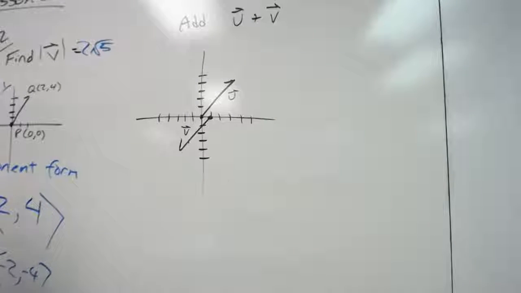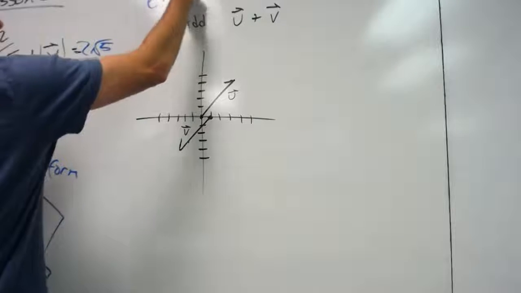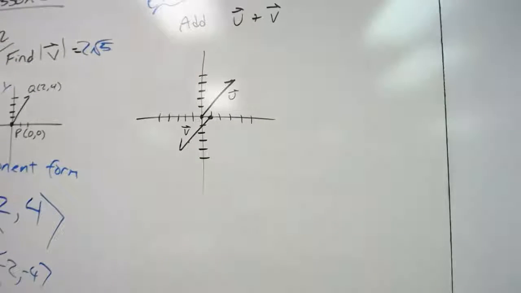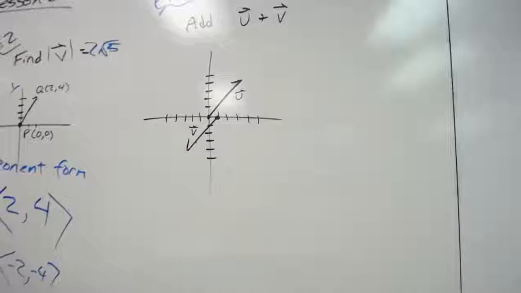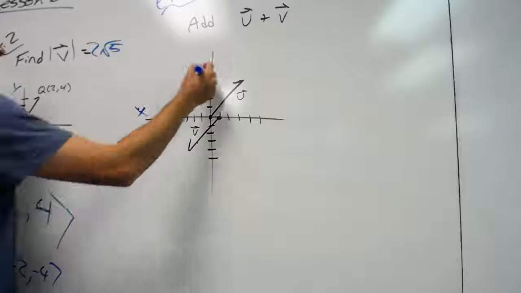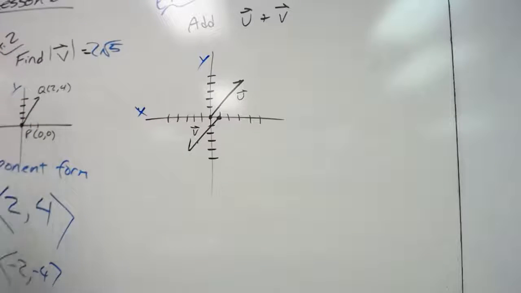I'm looking at example 3, part B, page 420. So we are adding vector u and vector v together. Once again, it didn't have the x and y axis on it, but I went ahead and gave it to vector u and vector v so we can add them together.